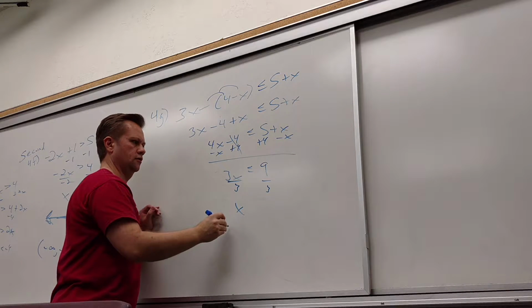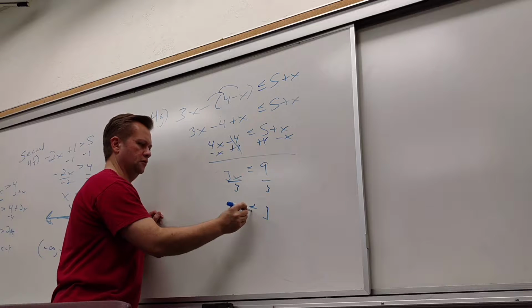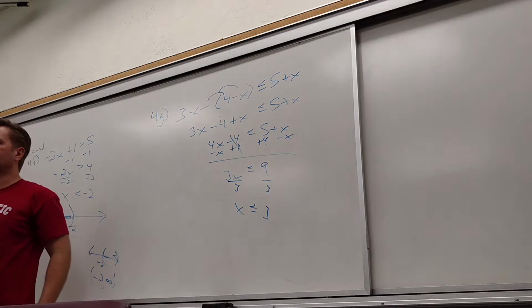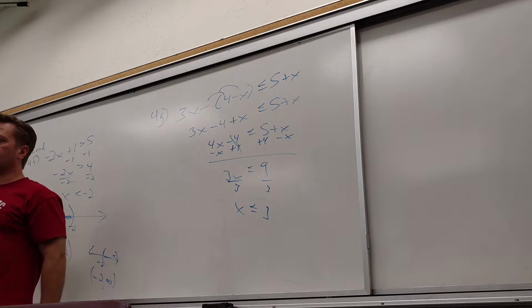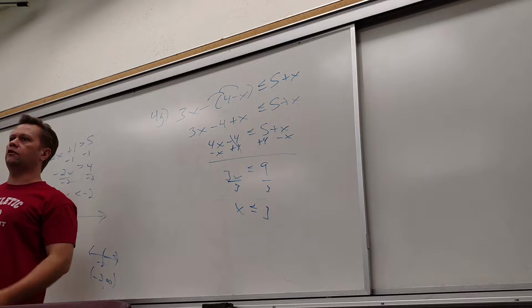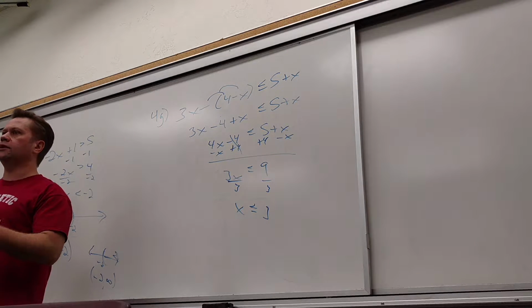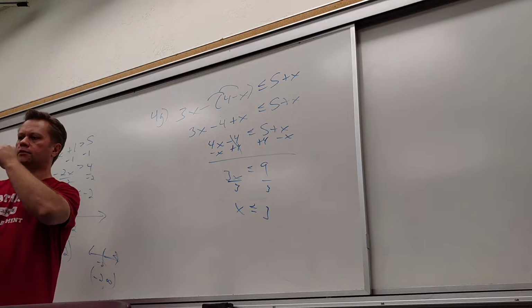So x is less than or equal to 3. It stayed that way because I didn't divide by a negative number. It's not if there's a negative somewhere in your problem, it's if you divide or multiply by a negative, you've now changed the side they're on.